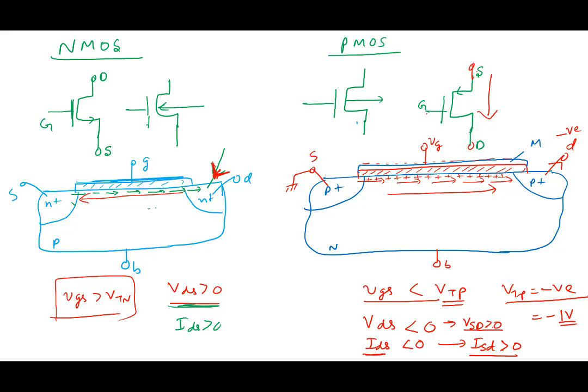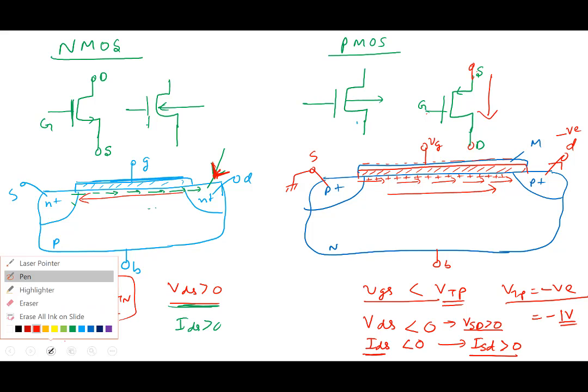So if I were to make a MOS amplifier, for example, we saw that we made it like this. We biased it here. This is drain, this is source, and this is gate.